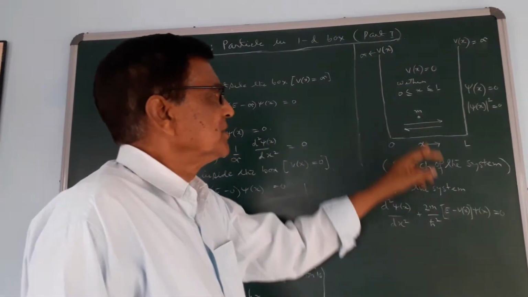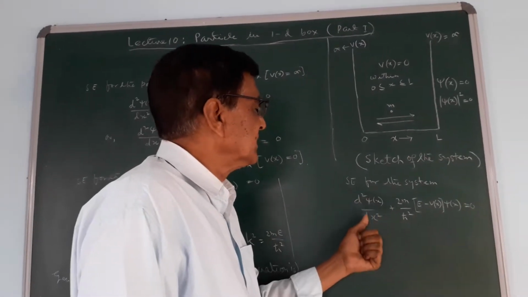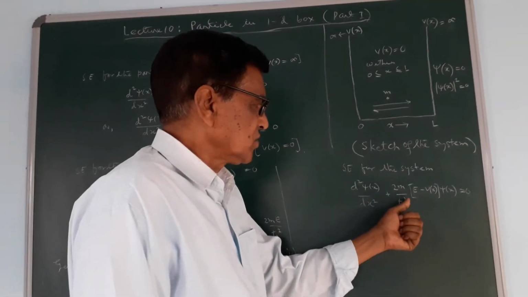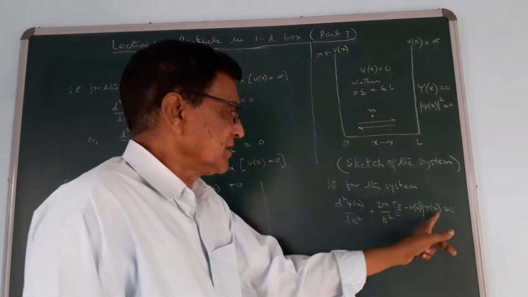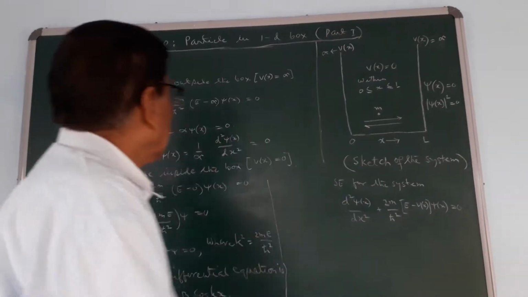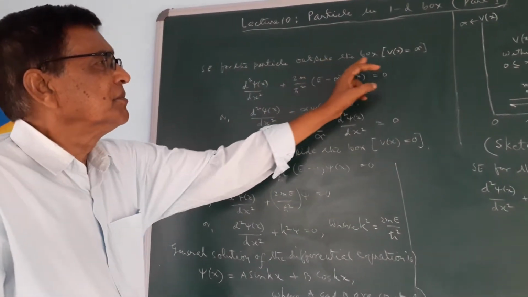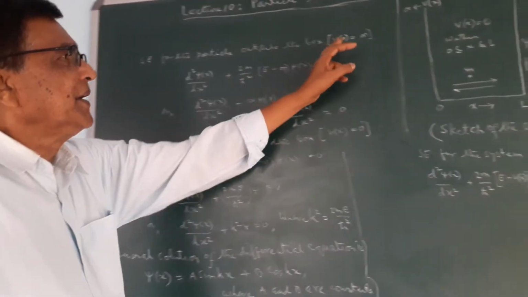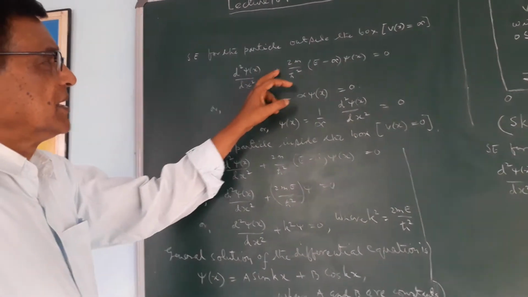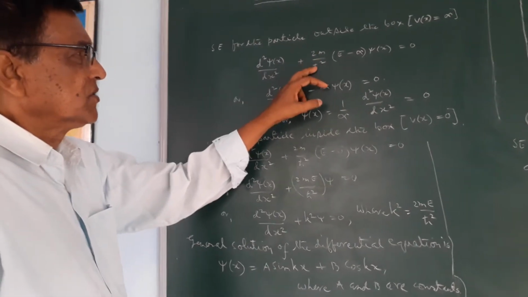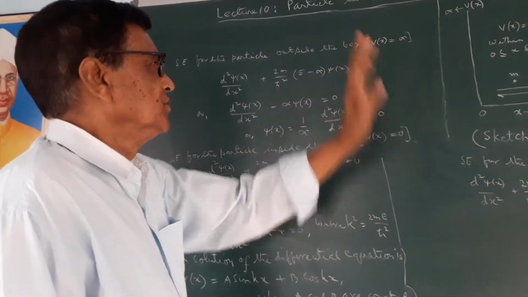The Schrödinger equation for this system is d2ψ/dx² + (2m/ħ²)(E − V(x))ψ = 0, where ψ is a function of x only. For the particle outside of this box, V(x) equals infinity, so d2ψ/dx² + (2m/ħ²)(E − ∞)ψ = 0, where ħ is the reduced Planck's constant.